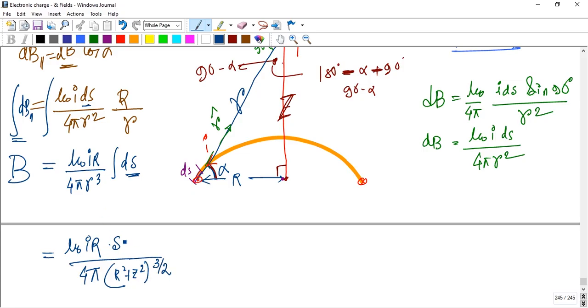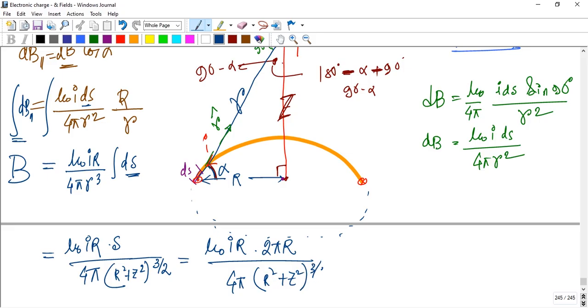And this circumference is not ending here, it's a complete path. I drew half, but this is not half, it's the full circle. So that is the circumference. Circumference of the circle is 2 pi capital R. So mu 0 I R times 2 pi R by 4 pi (R square plus z square) to the power 3 by 2. 2 pi and 4 pi cancel to 2.